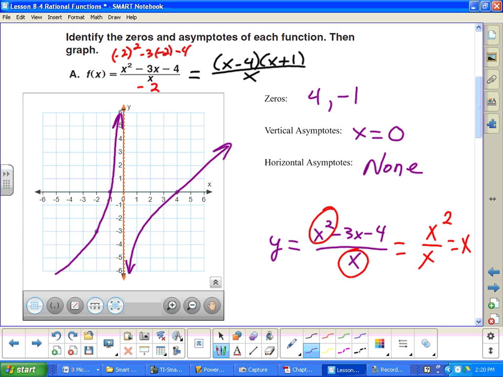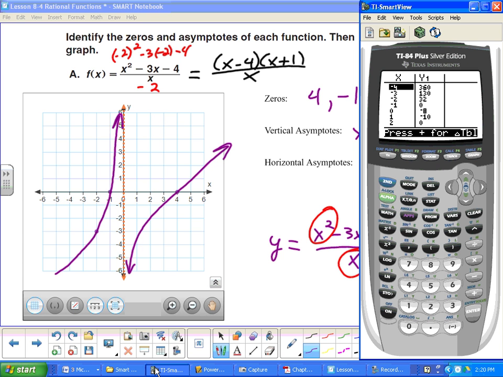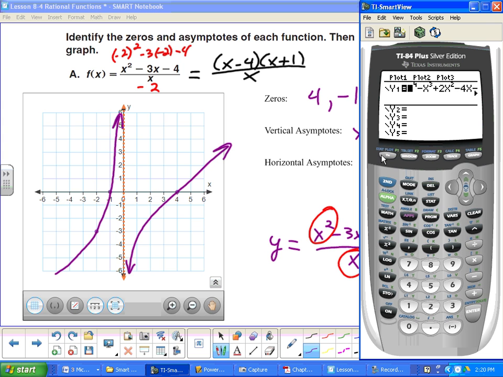So let's look at this graph on our calculator, so you can see what it looks like. We put our alpha y equals, so we have our fraction there in the numerator. Put in x squared minus 3x minus 4. It doesn't matter if you put the factored version or the regular one in there.